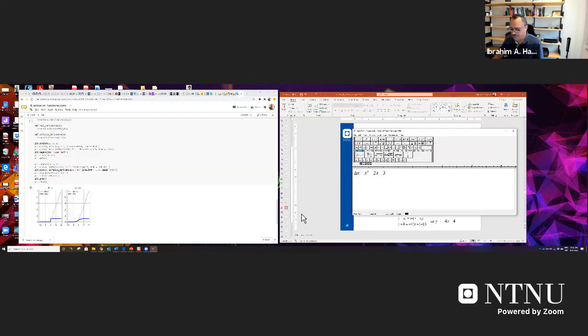So delta x will be negative learning rate multiplied by dy by dx.